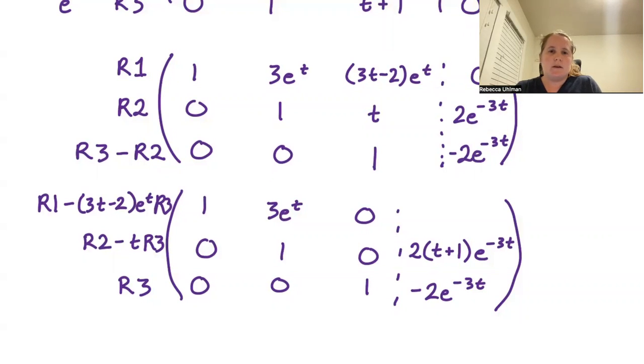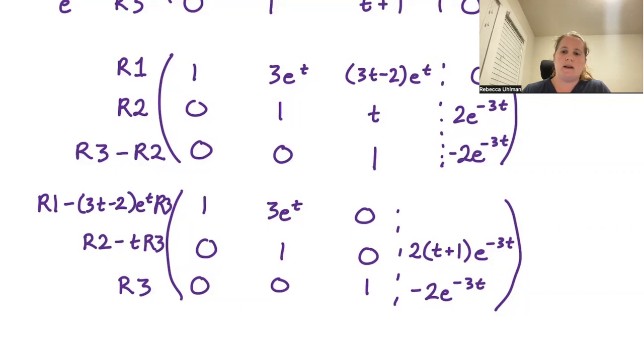So again, when we did our row 2 minus t row 3, that served to give us just 0, 1, 0 for the left-hand side second row. The augmentation became 2 times (t plus 1) times e to the negative 3t. Now we are eliminating the third column in our first row by doing row 1 minus (3t minus 2) times e to the t times r3. So that gives us 1, 3e to the t, 0 for the left-hand side.